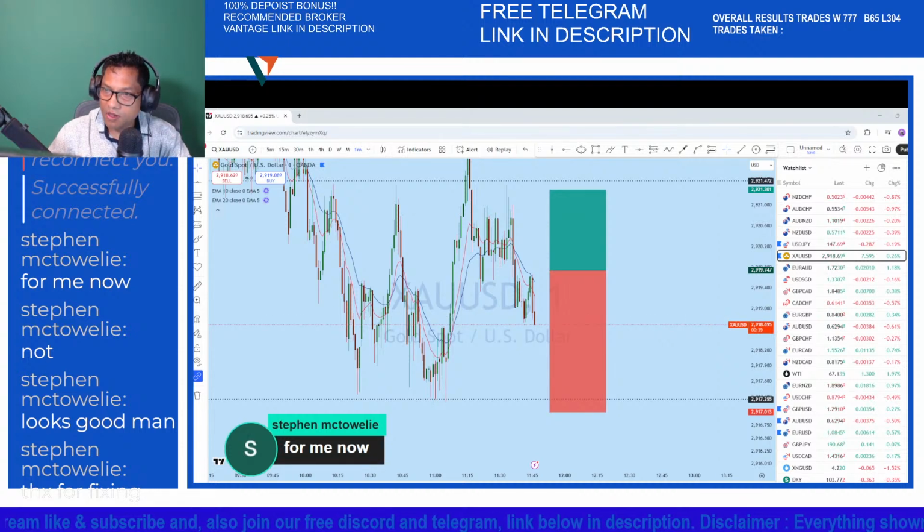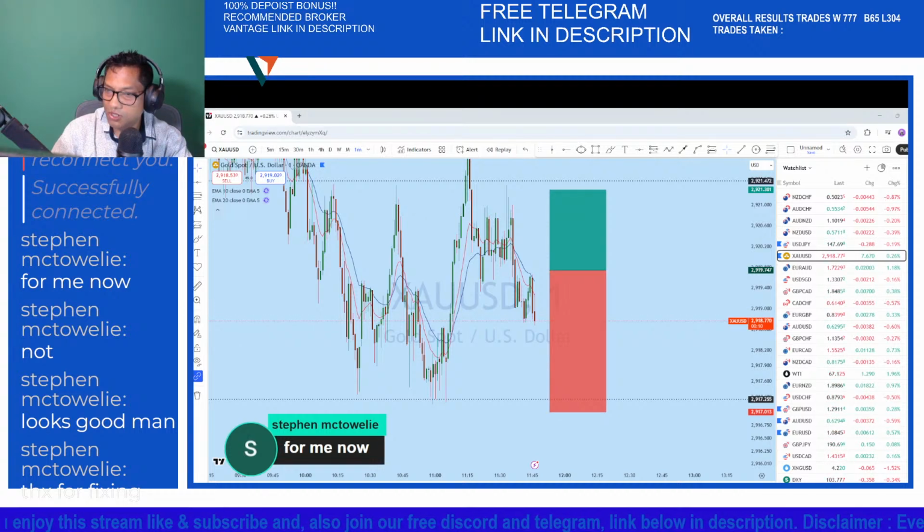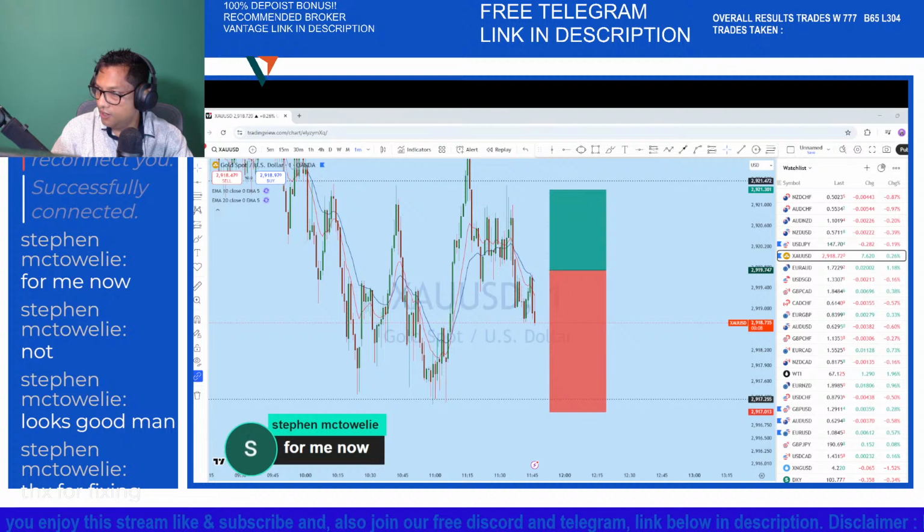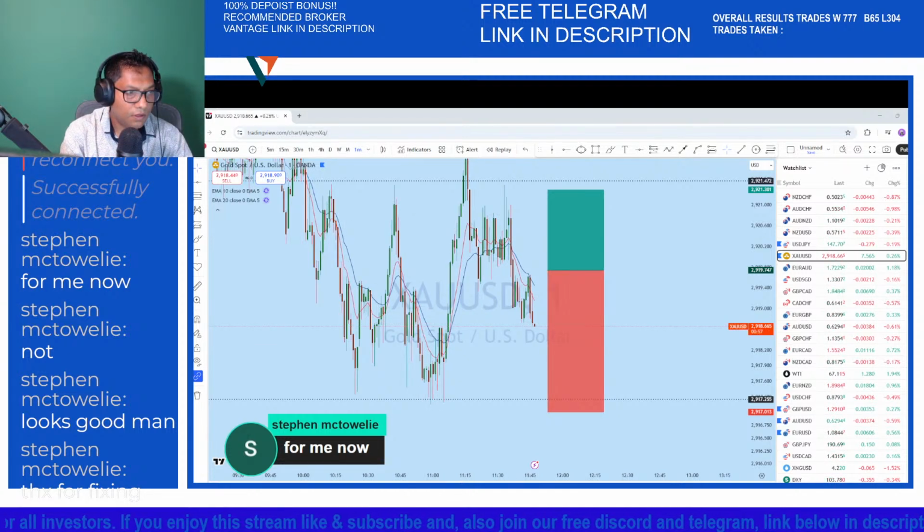So this is a very quick potential gain. If the market bounces, that's where we will be looking for that entry. If the market continues to drop, we will be readjusting that entry.